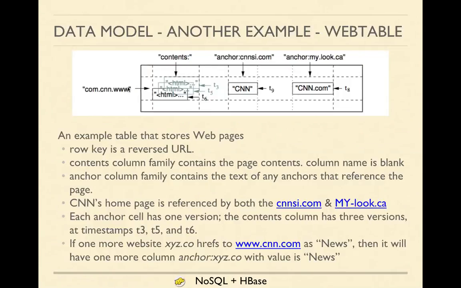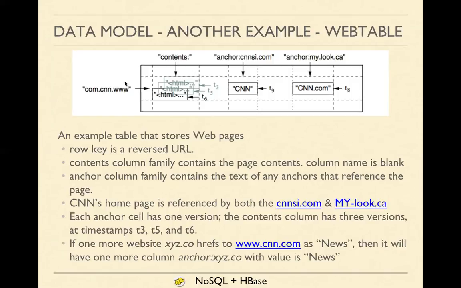Whenever they downloaded the first website, the first column contains the HTML of that website, and then the links. This website is pointing to this particular website by this name. Similarly, CNN.com was pointed to by CNNSI.com as this, and by mylook.ca as this.